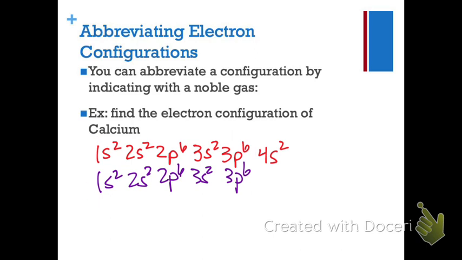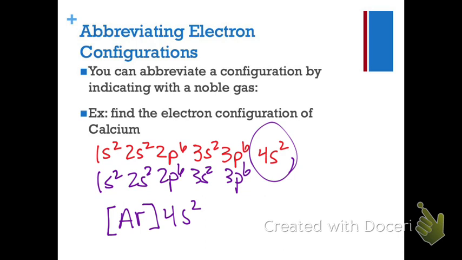So the abbreviated electron configuration is going to look like this. It is the configuration for argon plus whatever's left over. So 4s2. Okay, you put argon in brackets, and then you add on whatever else you need to get to your final answer, right? So we're going to say calcium's electron configuration is identical to argon plus 4s2.